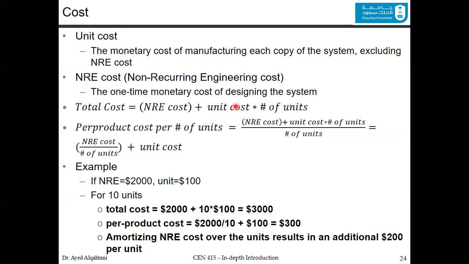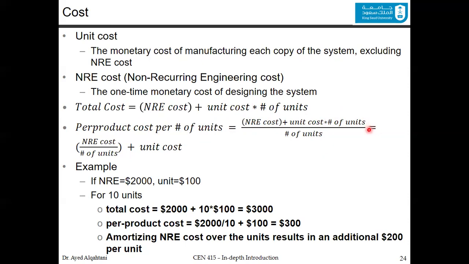And from this, we can calculate the per product cost per number of units, which is the total cost in the numerator, divided by the number of units. So you want to divide this total cost among all of the units.